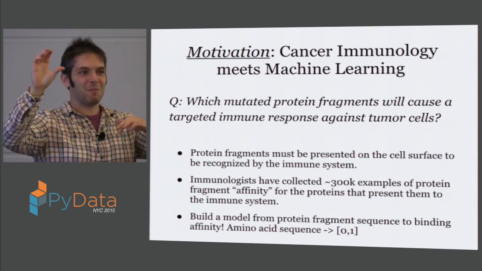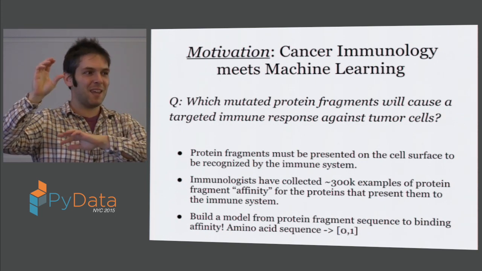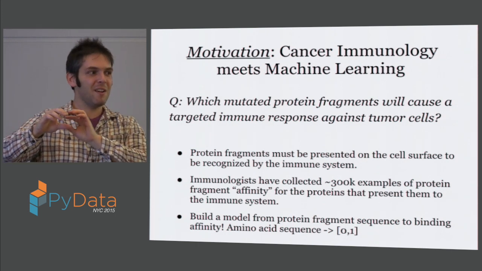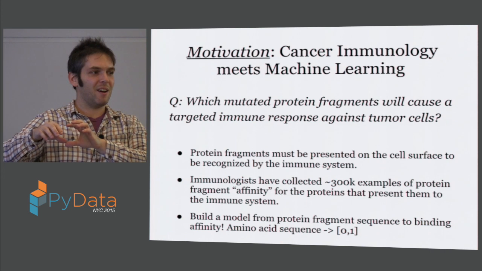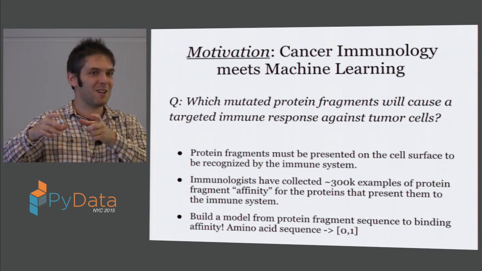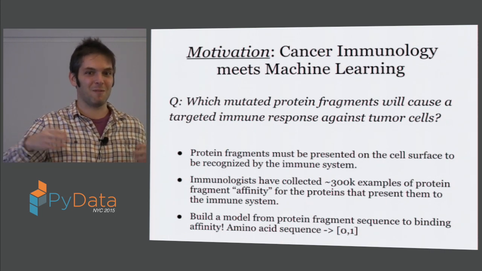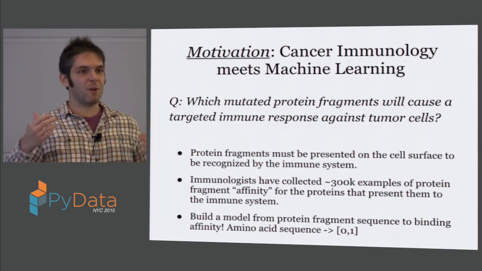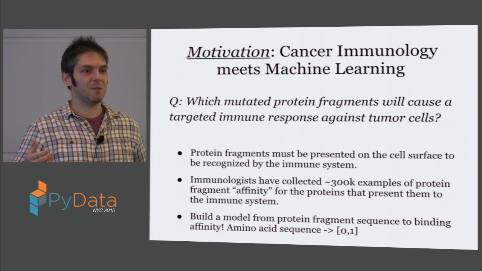Then T cells come looking around, scavenging the surface of cancer cells, and if they have been trained to look for a particular pattern, they will kill that cell. It's super cool to watch in video, and it can sometimes make for really effective therapies. So it's really important to know which protein fragments are going to be immune recognizable.